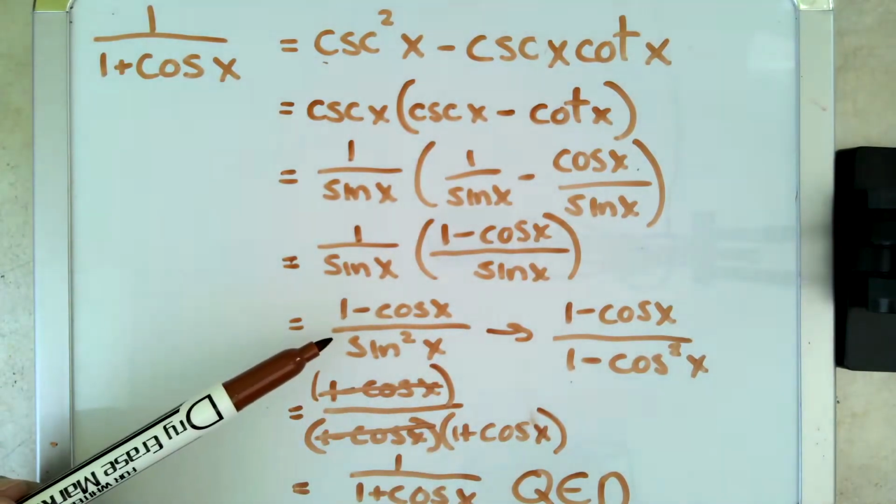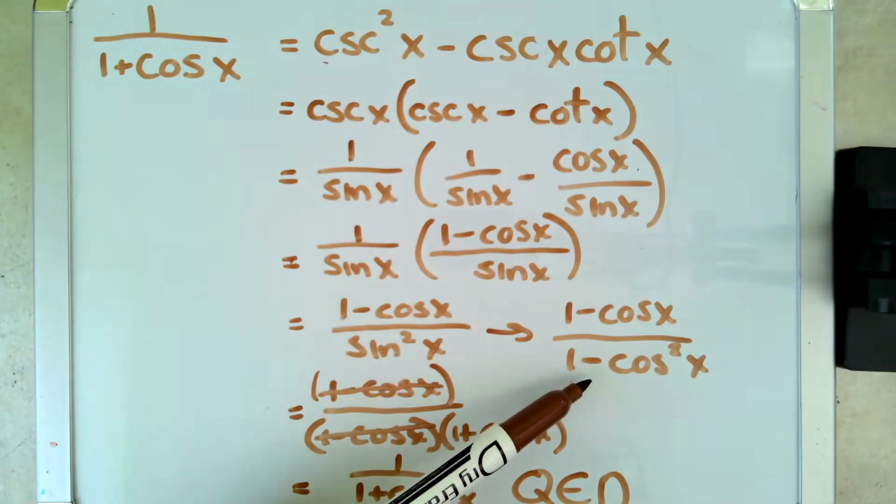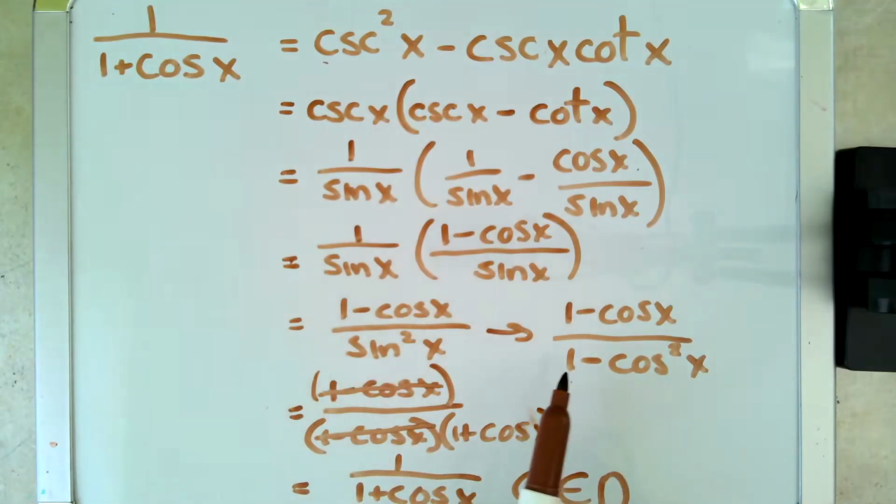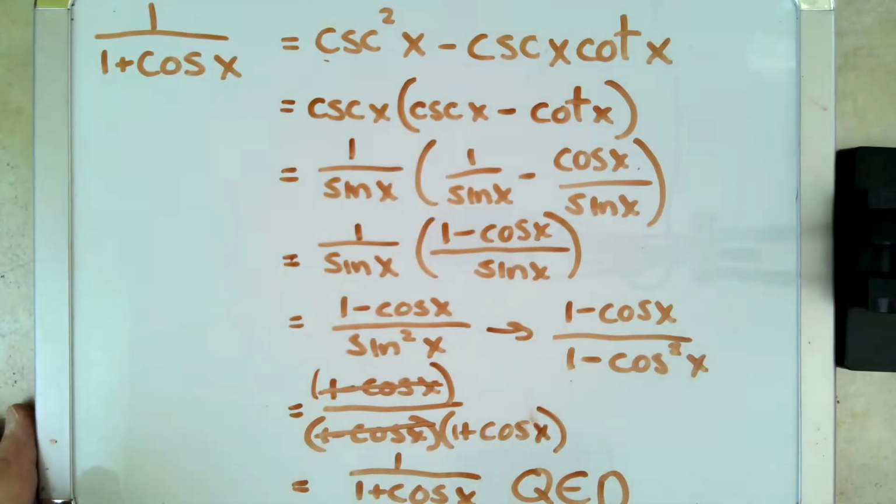It's a sine squared. So I did a substitution, and this is your final hack. 1 minus something squared is a difference of squares that factors into 1 plus and 1 minus. I canceled and I was left with what I was looking for to begin with.